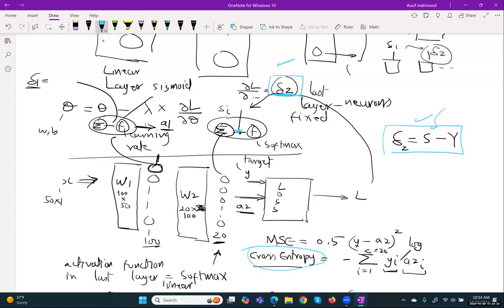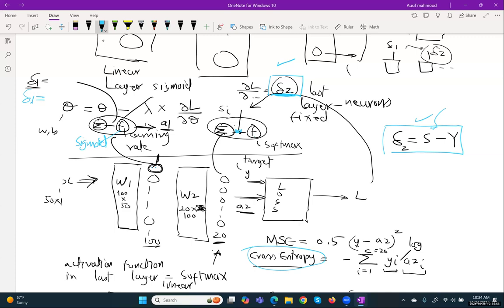Now we are going backwards to the previous layer. My question is, if we call this delta 1, what is the relationship of delta 1 with respect to delta 2 if the activation function is sigmoid over here? Again, the way you can easily tell is to forget the sigmoid.